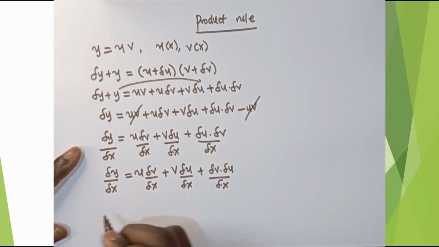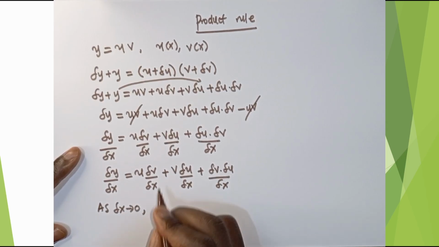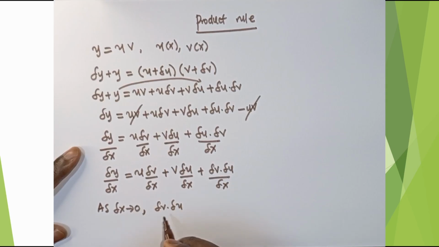Now as delta x tends to 0, it becomes very small, delta v times delta u, something so small multiplying with something so small, it approximates to 0. So it goes to 0.